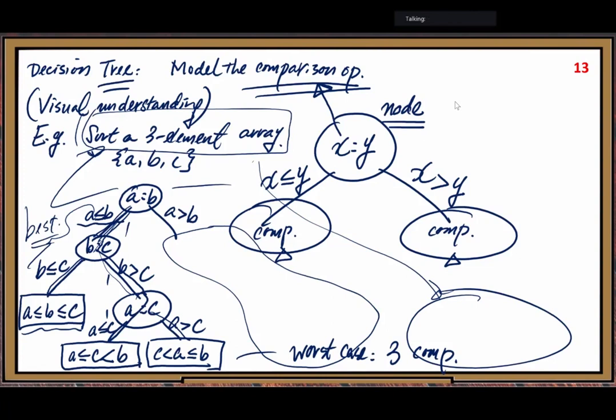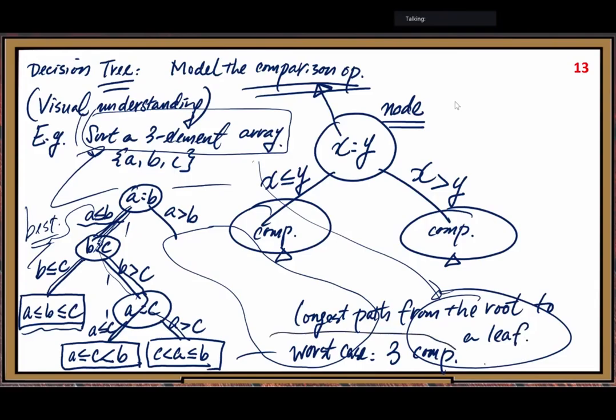So here we know the longest path from the root to a leaf, one of the leaf nodes. Just the longest. All right, that's the worst case.